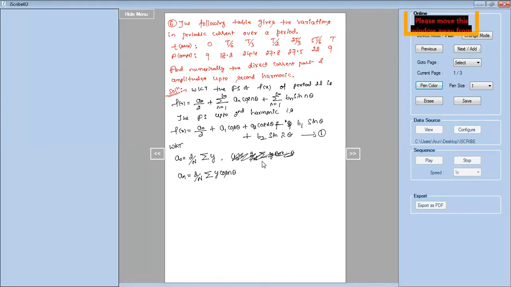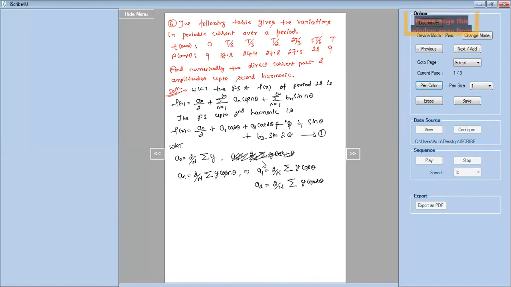From this I can write a1 equals 2 by cap letter N into sigma y cos theta, n is 1 here, and a2, put n equal to 2, it is 2 by cap letter N into sigma y cos 2 theta.